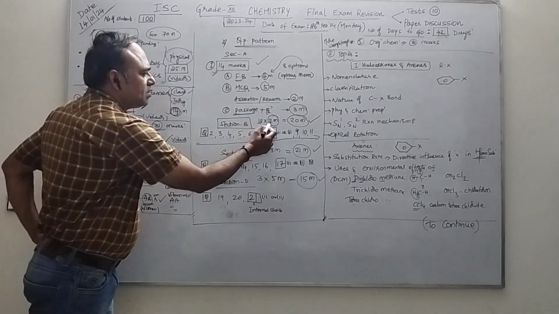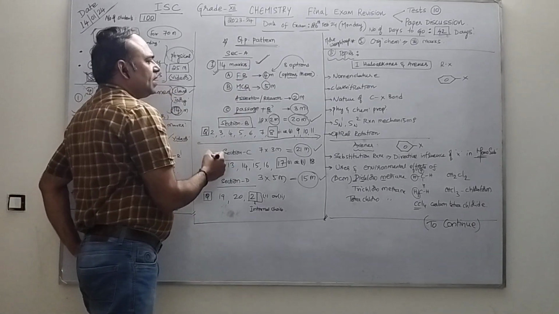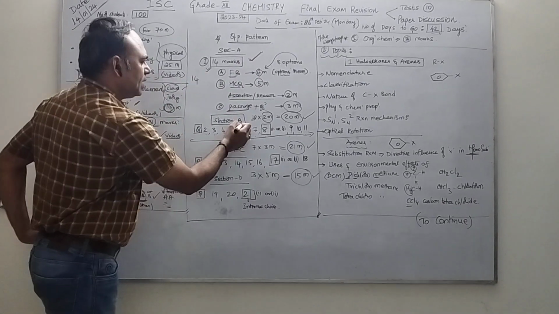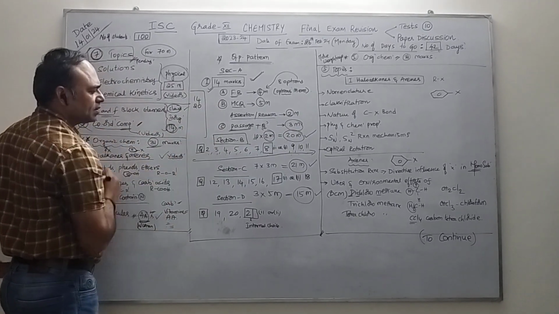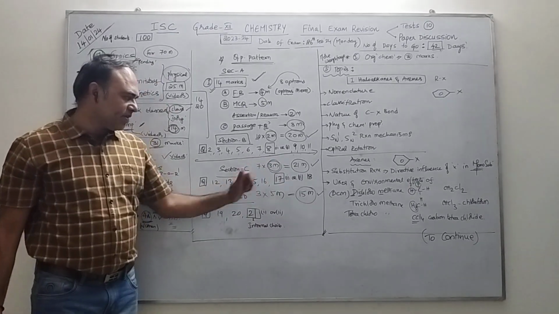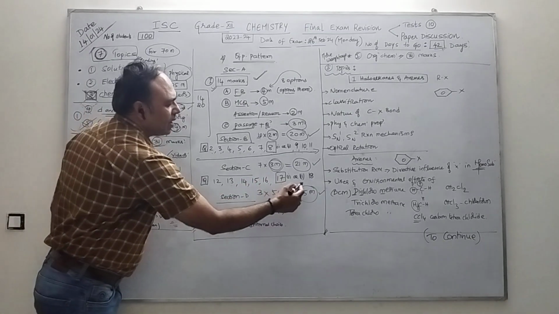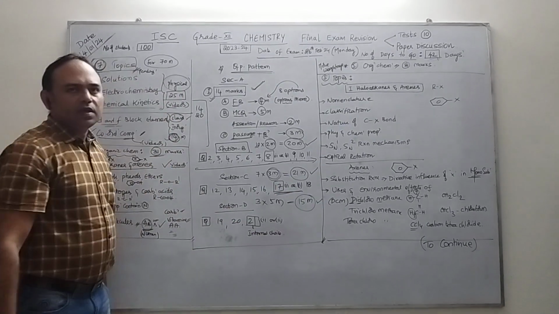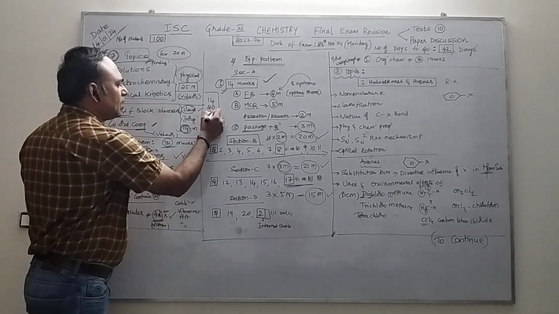So 10 questions into 2 marks, so 20. First, section A 14. Next, section B 20. After that, in section C, there are 3-mark questions, and how many are there? 7, that is 12 to 18. And in this, question 17 can have an internal choice, A or B. So 21 in section C.